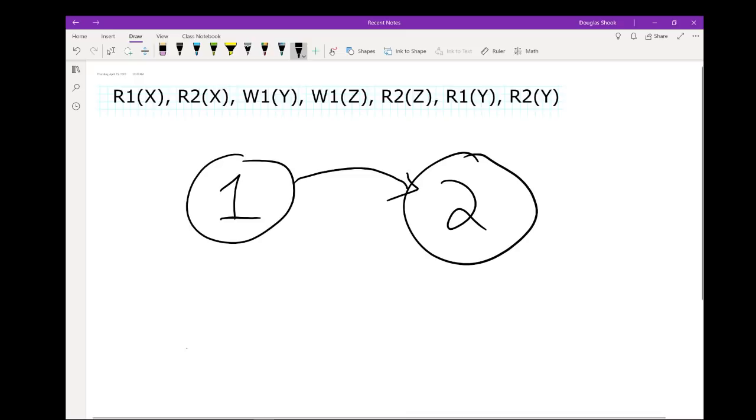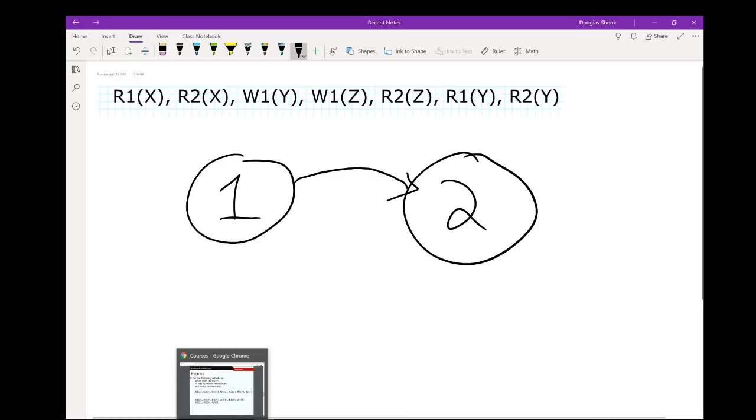I think to really prove it, we have to find the serial schedule that would produce this exact same graph. There's only 2 serial schedules in this example because there's only 2 transactions. I either run transaction 1 first or I run transaction 2 first. Those are my options. But one of those 2 serial schedules, or possibly both, would generate this exact graph, meaning that they are conflict equivalent.